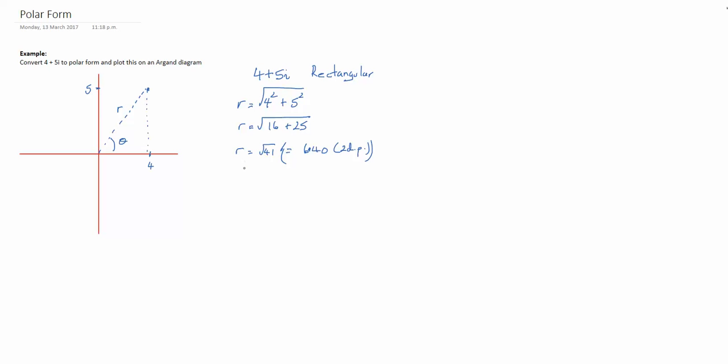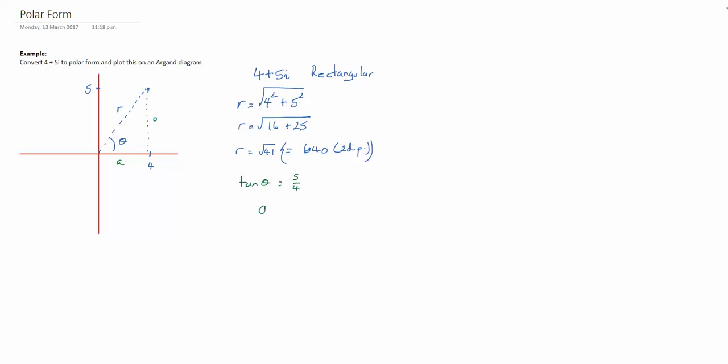Now what about this angle here? This is known as the argument. How would we calculate that? Well, here we've got to use a little bit of right angle trigonometry. Let's grab a different color here, and knowing that this length here is 5 and this is 4 means we can use the tan ratio. So the tan of that angle is the opposite side over the adjacent side, which is going to be 5 over 4.